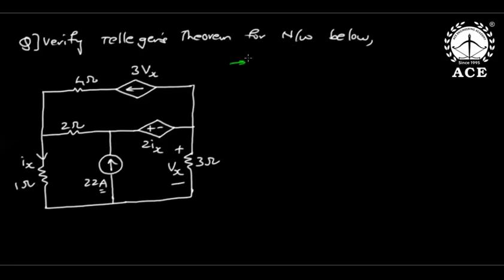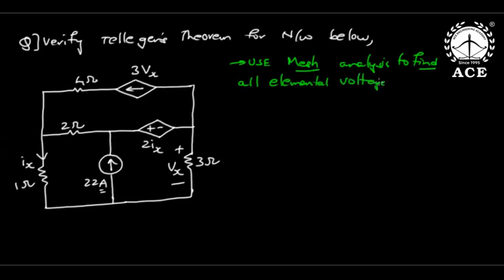Use mesh analysis first to find all elemental voltages with correct polarity and currents with correct direction. Then we will declare which is source and which is sink.